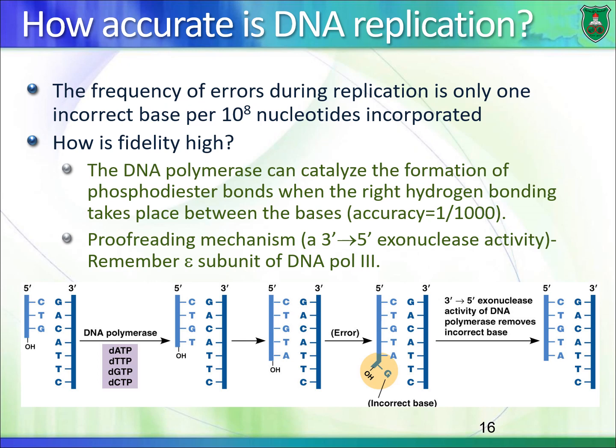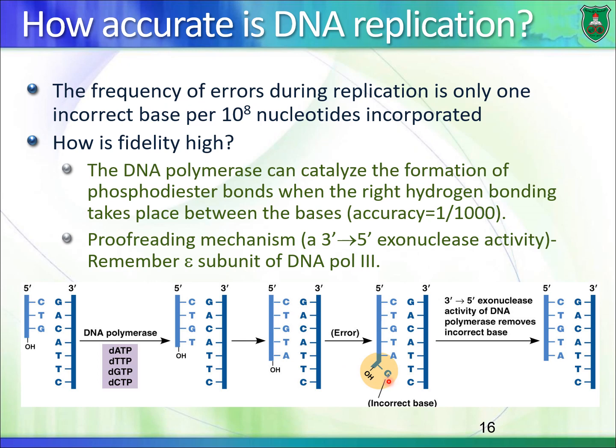Even though it is not highly probable, sometimes DNA polymerase 3 makes mistakes in placing the right nucleotide. Sometimes it sees a T and it adds an A. It sees another T and instead of adding an A, it adds a G. So yes, things happen.